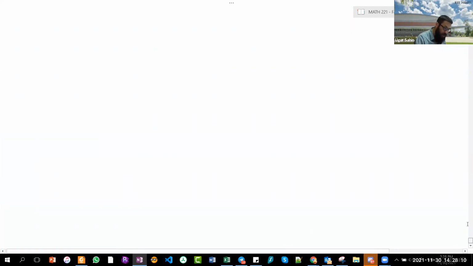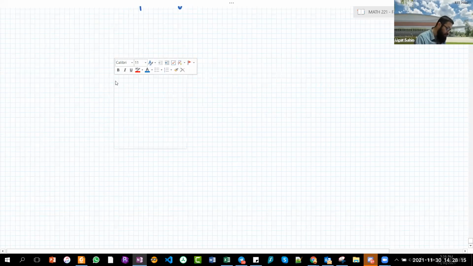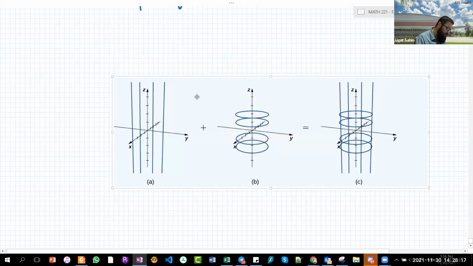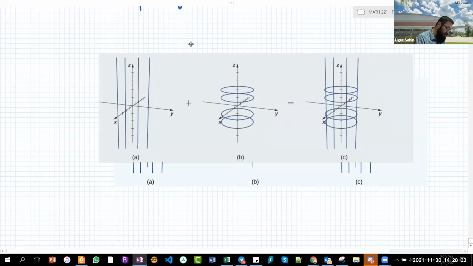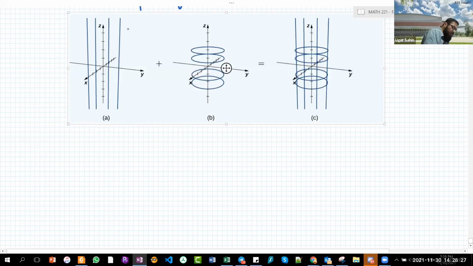So we could understand what's going on here. Look at, guys, this is the shape you're going to get at the end of the day. The first part is xy constant. You see?